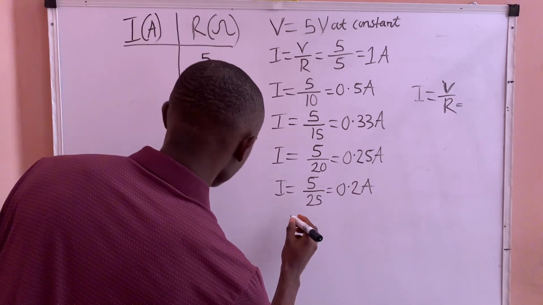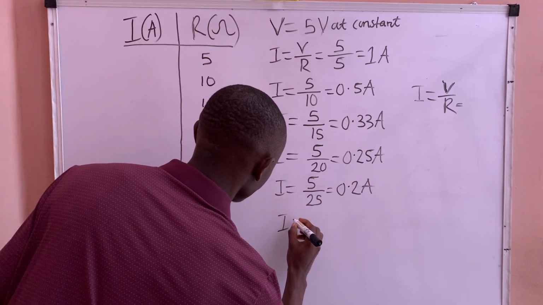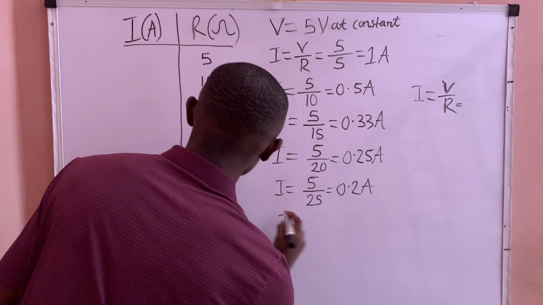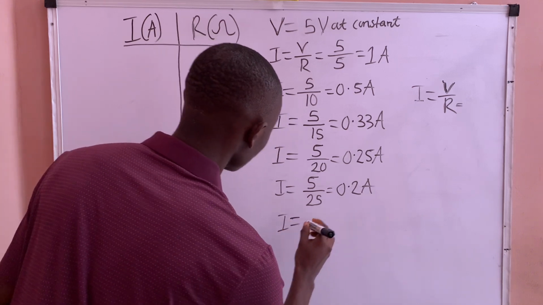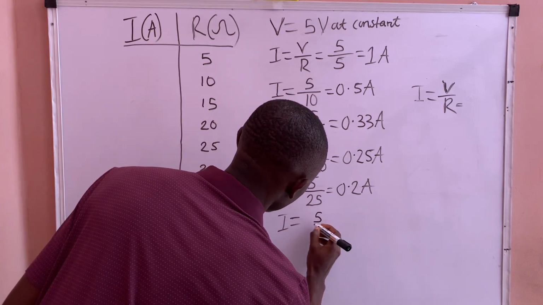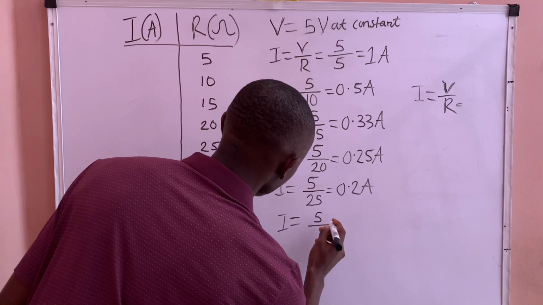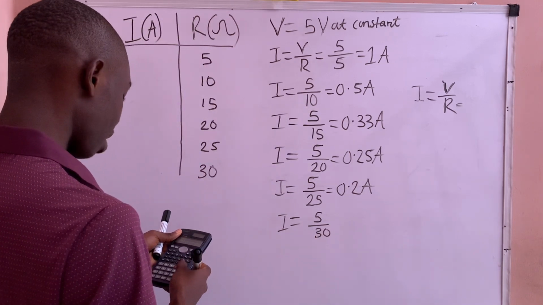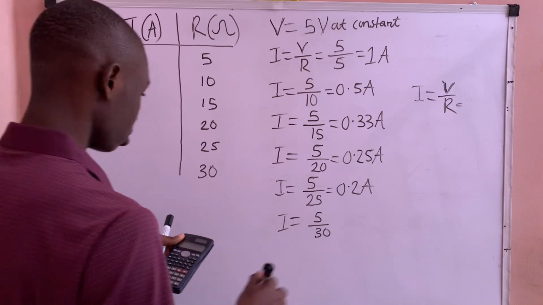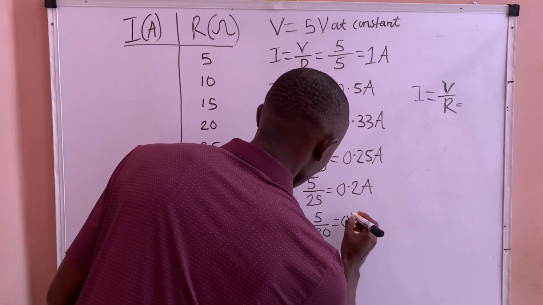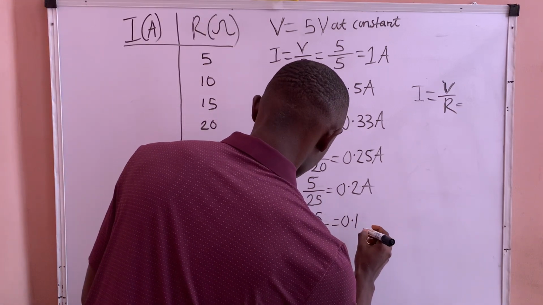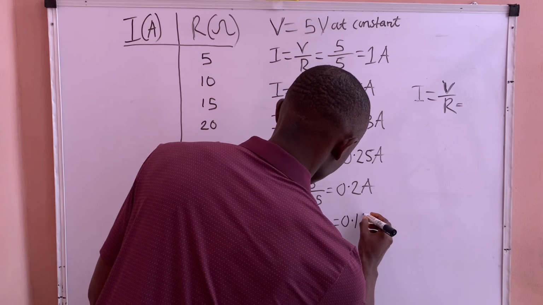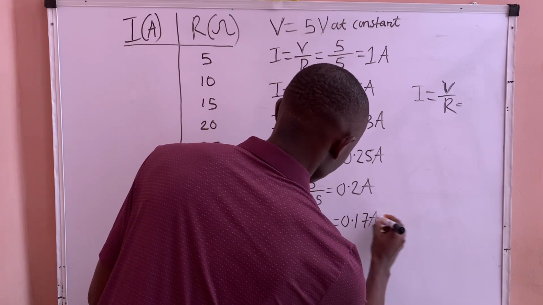For the last one, when we increase the value of resistance by 30 ohms, remember our constant variable here is voltage, which is 5, divided by 30. So 5 divided by 30 will give us 0.17 amps.